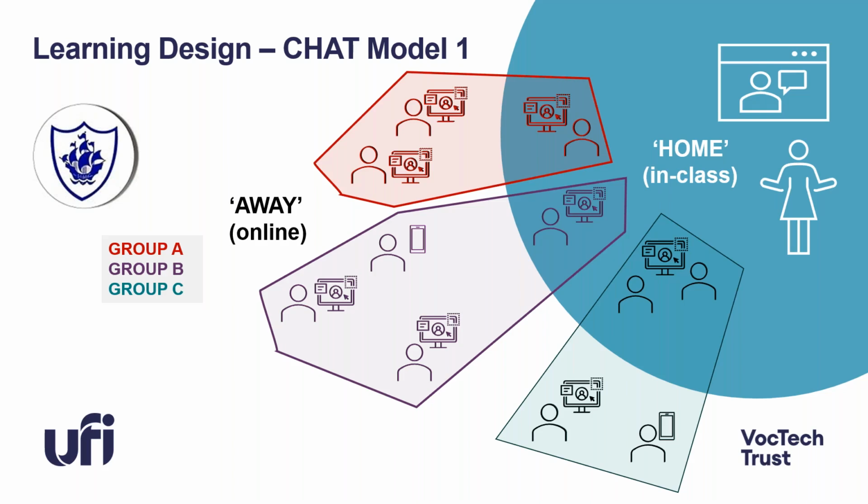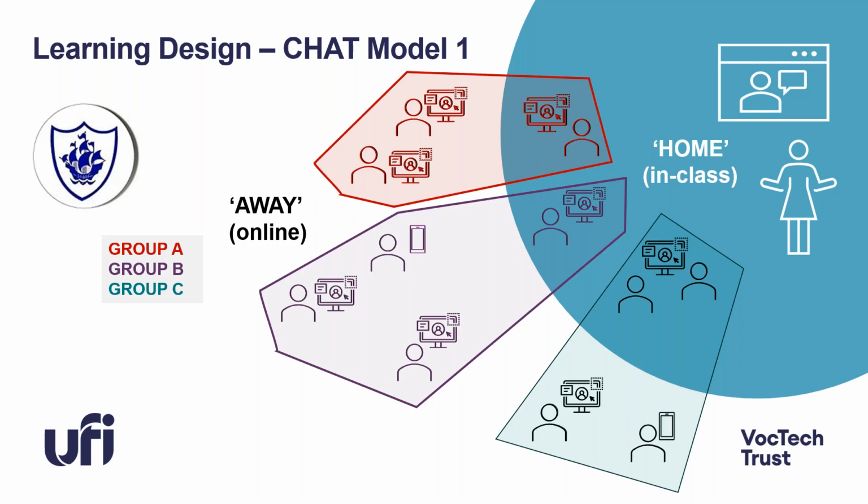During the early days of doing this, I would suggest try to create groups that have a mix of both home and away students, a mix of learners in class and online. And after a while, this will probably work just as well, either randomly allocating learners to groups or by the teacher allocating learners to groups to support individual needs.